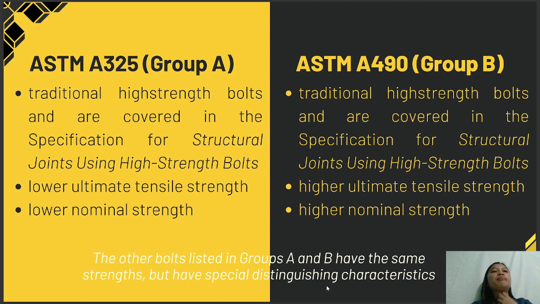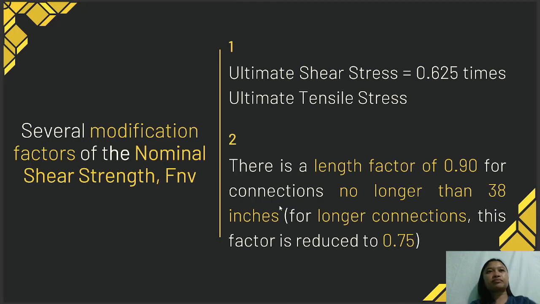In the examples from the reference, we just use the group name instead of A325 or other specifications. If it is an ASTM A490 specification, we generalize it into Group B.